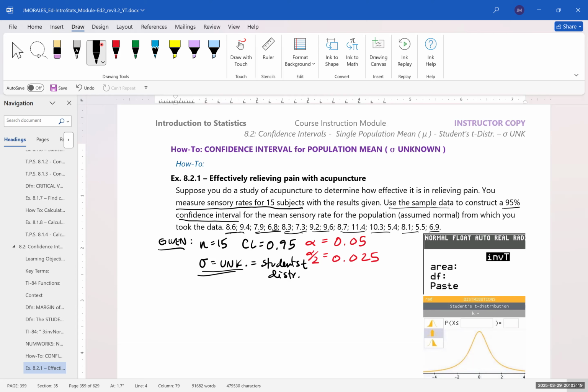Some other things that are telling us we need to use it, besides that, is also that our sample size is less than 30. We've got a really small sample size. But this is the primary one here. All right, so we're constructing a confidence interval, so we need the sample mean and we need the margin of error.